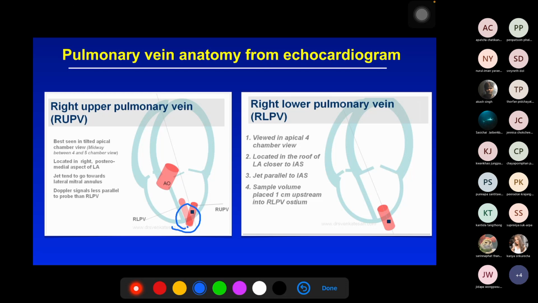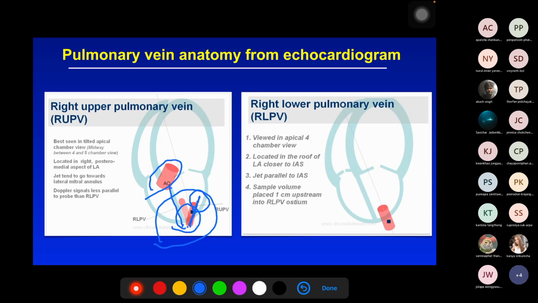Again, start from the apical 4-chamber view and zoom here. If you tilt up the probe, you might see the aorta, and you might see the flow here. This flow moves away from the atrial septum. This one is the right upper pulmonary vein.